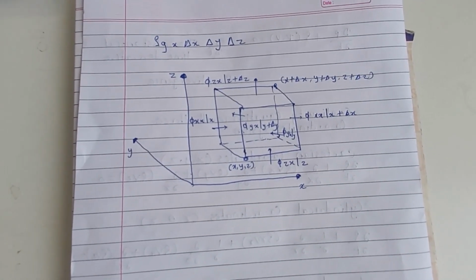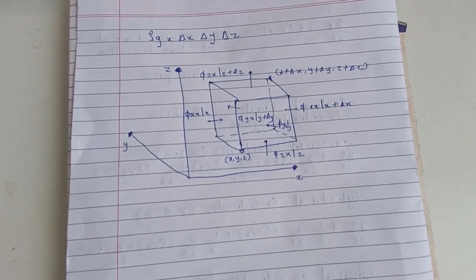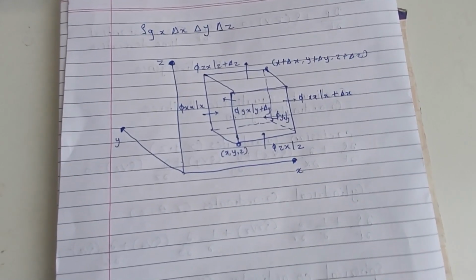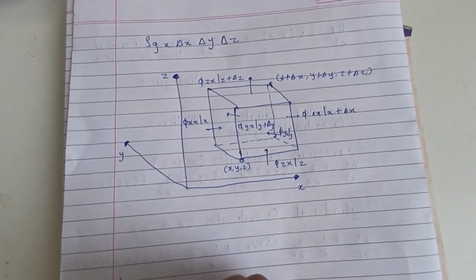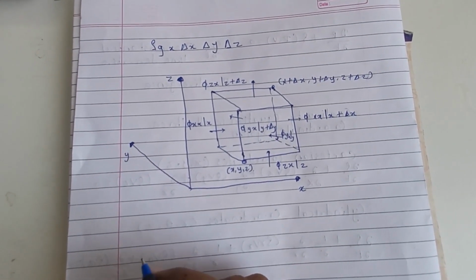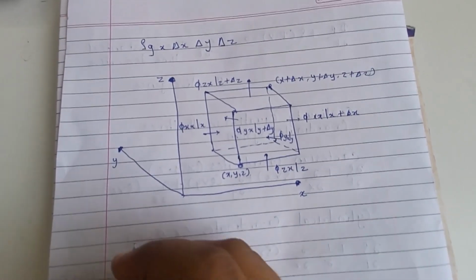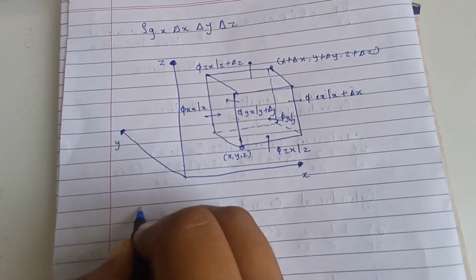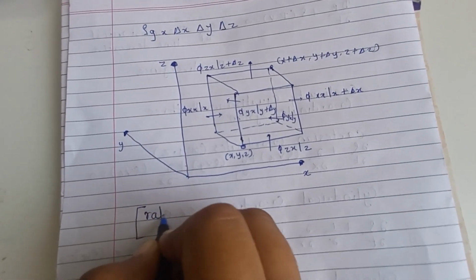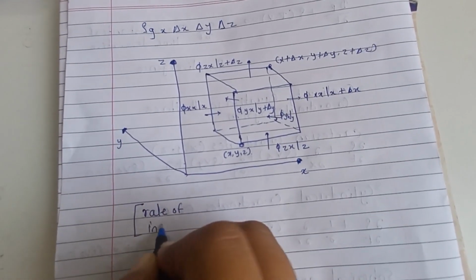So now we can generalize the equation of motion: the rate of increase of momentum is equal to the rate of momentum in minus the rate of momentum out plus the external force on the fluid.